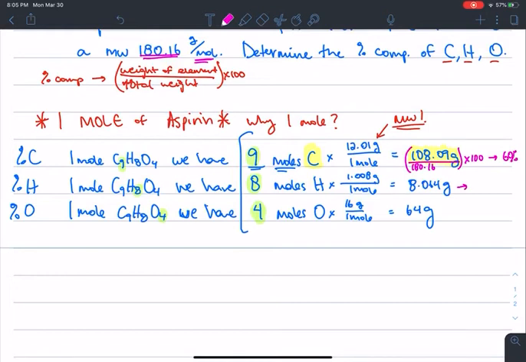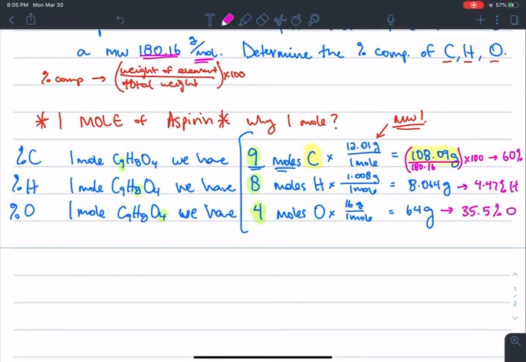You have about 4.47% hydrogen. That doesn't look very good, does it? 60% carbon, 4.47% hydrogen, and you have about 35.5% oxygen, right?